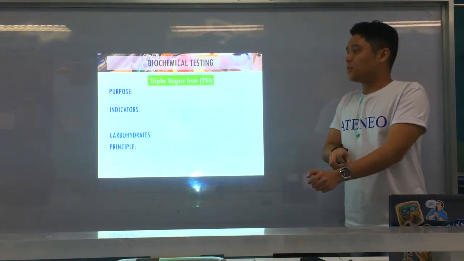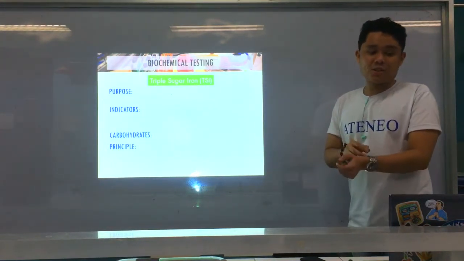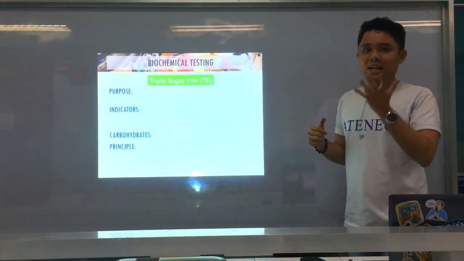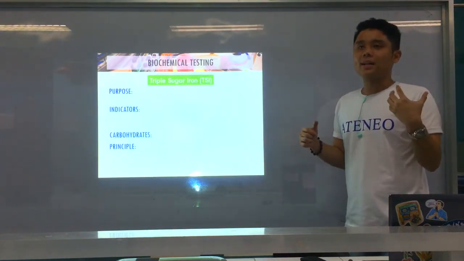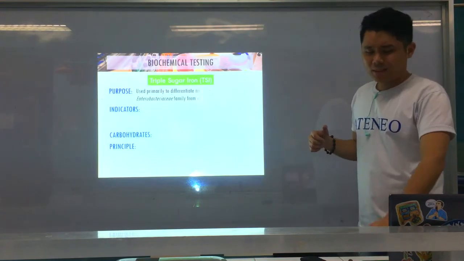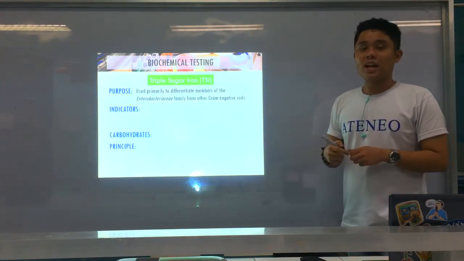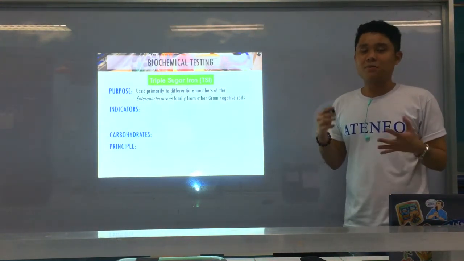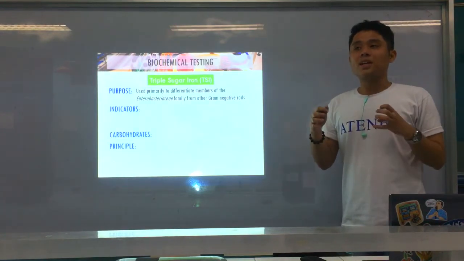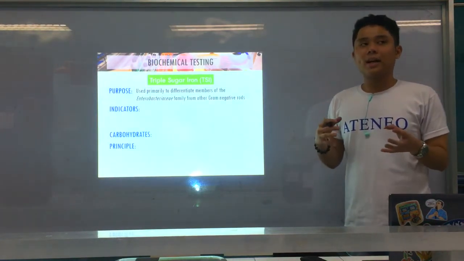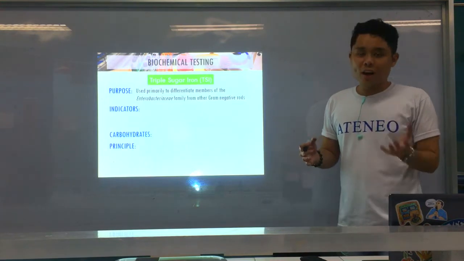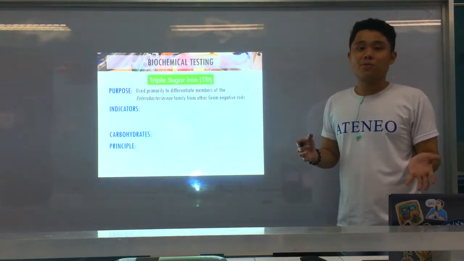Alright, so we'll now continue with the next test, which is your triple sugar iron, TSI. Na-mention na po ni sa culture media prep, right? Triple sugar iron is one of the defining tests to differentiate the members of the Enterobacteriaceae from other gram-negative rods, because we look into the different ability of your Enterobacteriaceae to ferment different types of sugar.